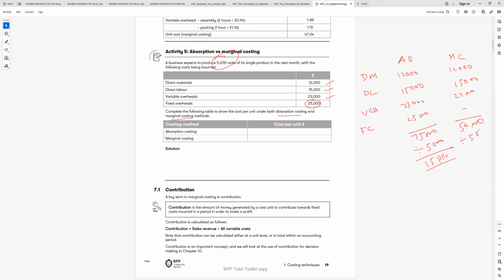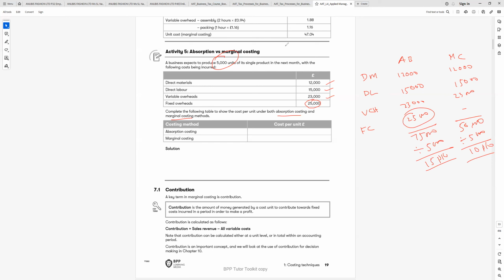And 50,000 divided by 5 is 10 per unit. And that's it. So the only difference here is under the absorption costing, we included the fixed cost. Under the marginal costing, we didn't include the fixed cost.